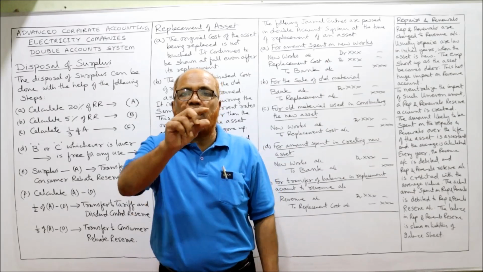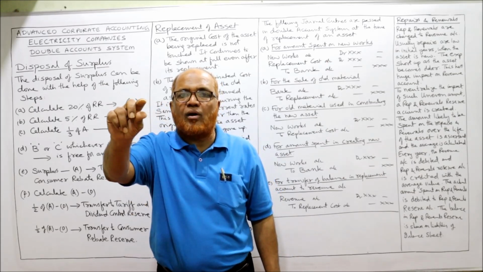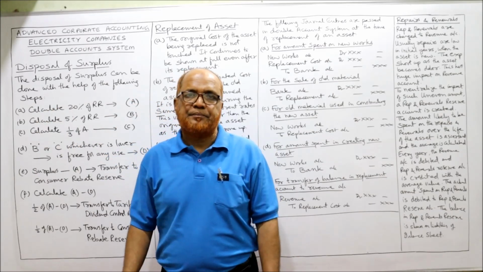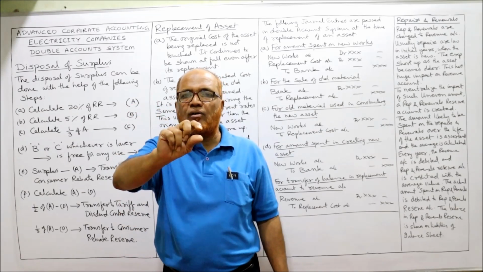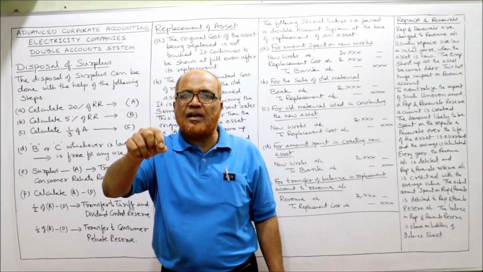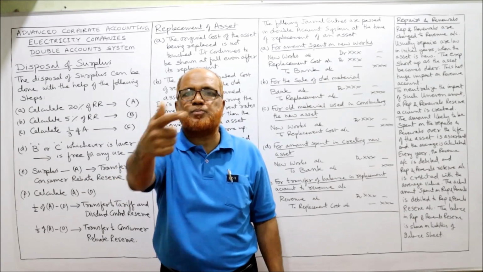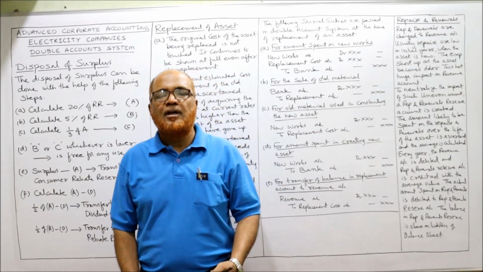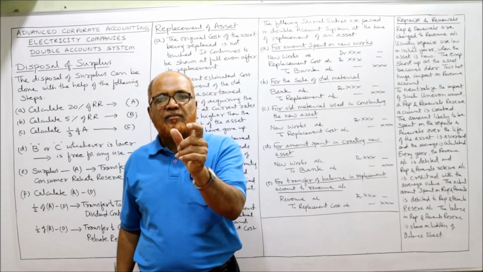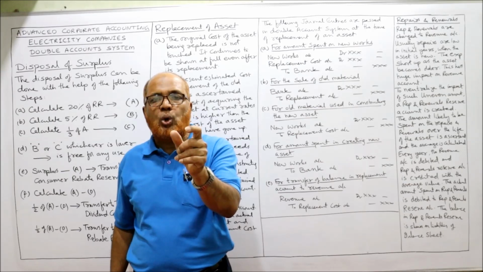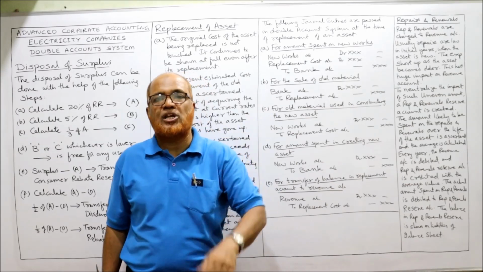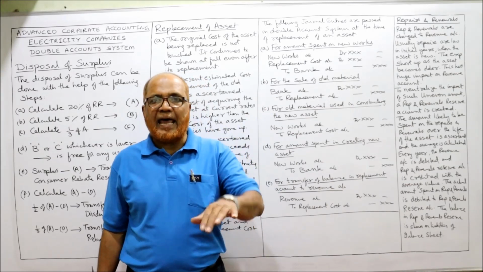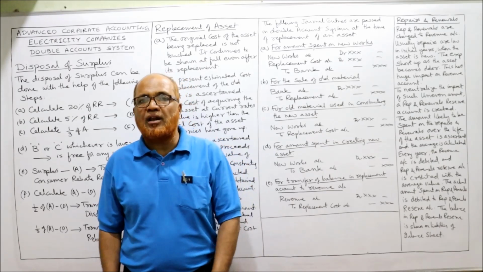The entry will be repairs and renewal reserve account debit to bank. Every year this is the entry for actual expenditure incurred on repairs. The balance in repairs and renewal reserve will be shown on the liability side of the general balance sheet.